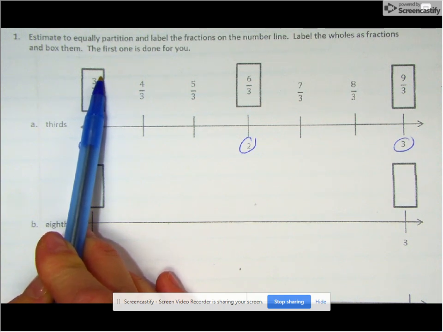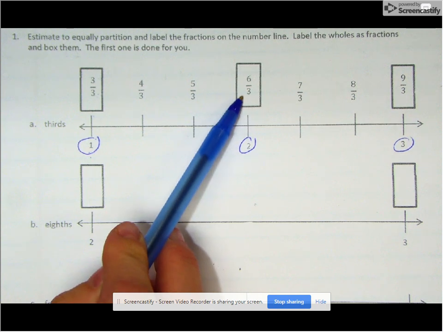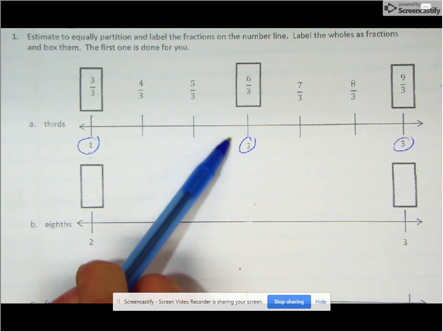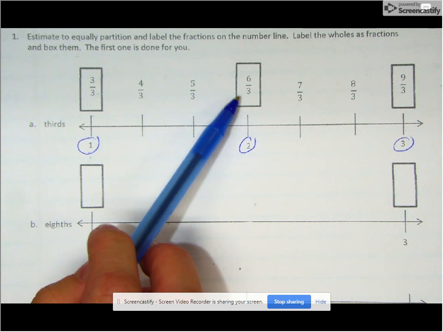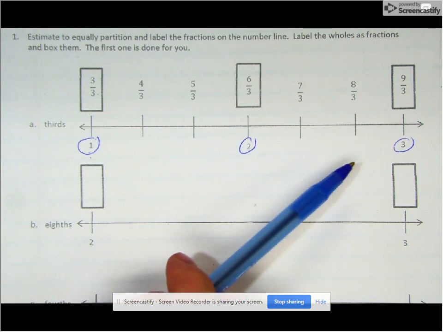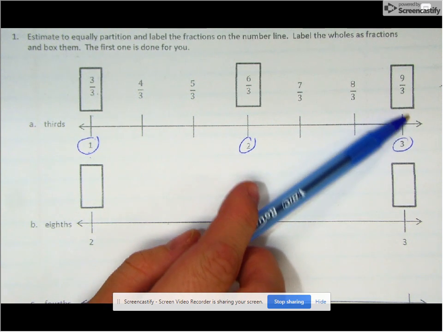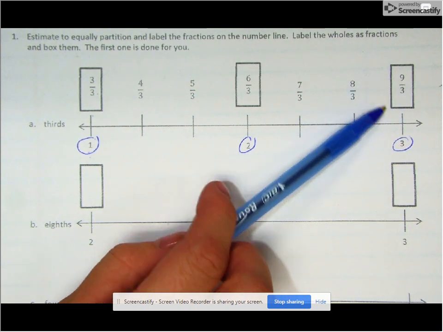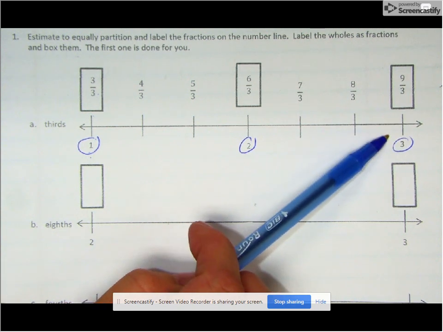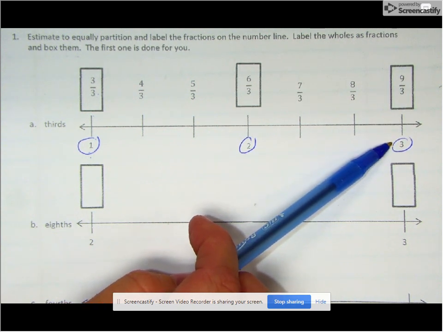Okay, and same thing here. 3 times 2 is 6, or 6 divided by 3 is 2. So 6/3, that's called an improper fraction, is the same thing as 2. And last, 3 times 3 is 9, or 9 divided by 3 is 3. And so 9/3 could also represent 3 wholes.